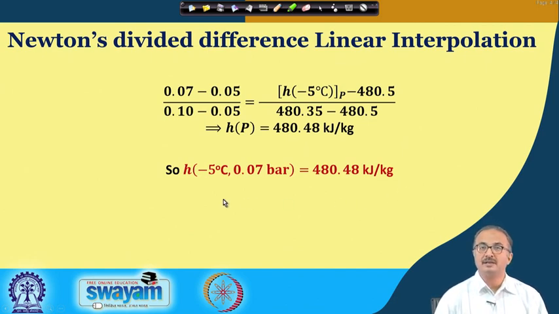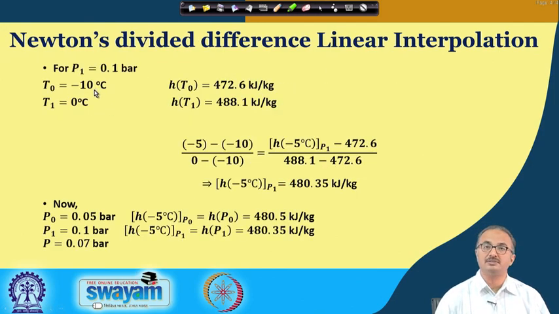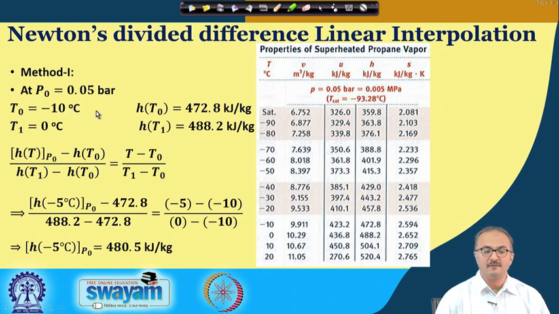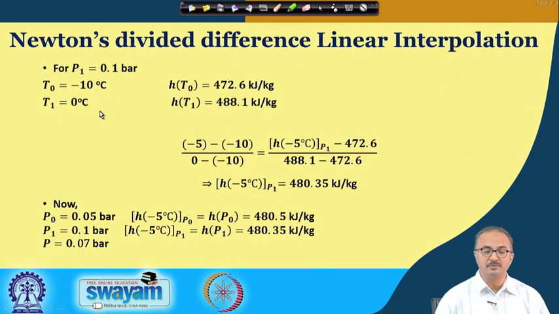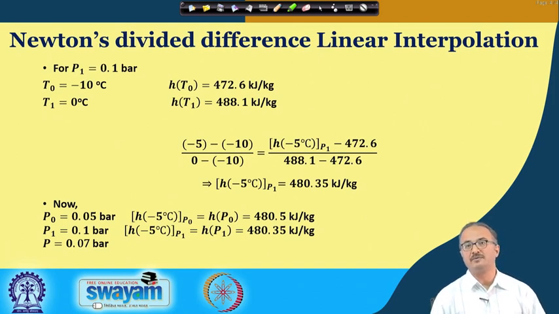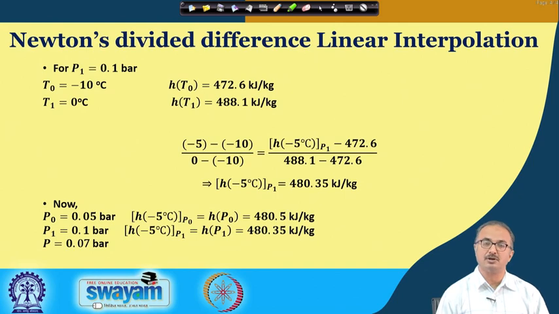Now, you see that there could be some questions, like, do we need to really stick to the same range for this pressure and this pressure? Well, perhaps it is advisable to stick to the same range, assuming that the behavior of the variation of the enthalpy with respect to temperature should be maintained at both pressures.